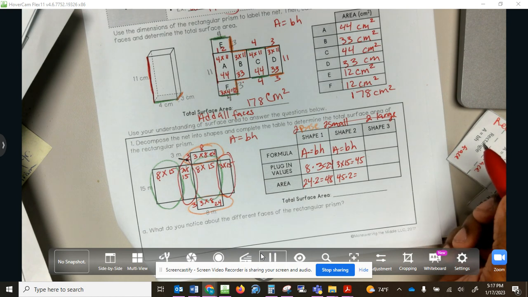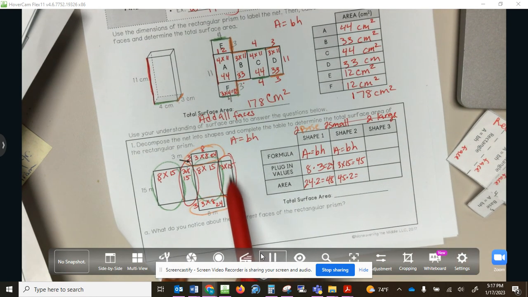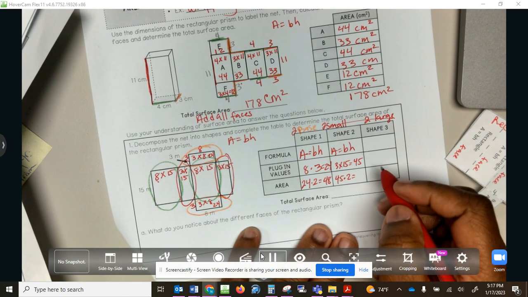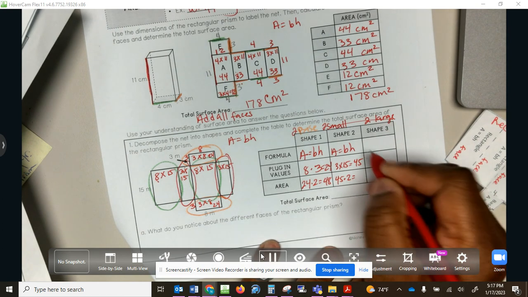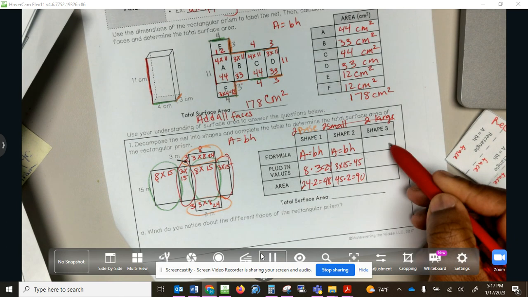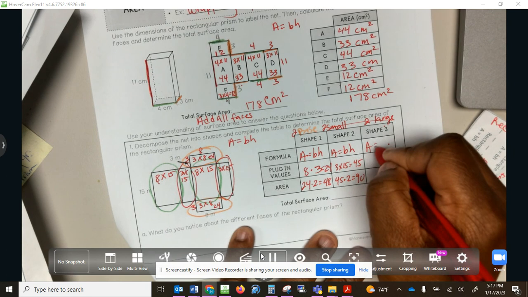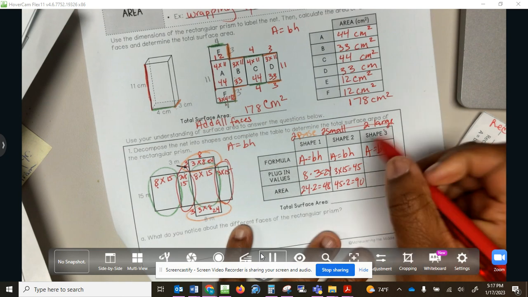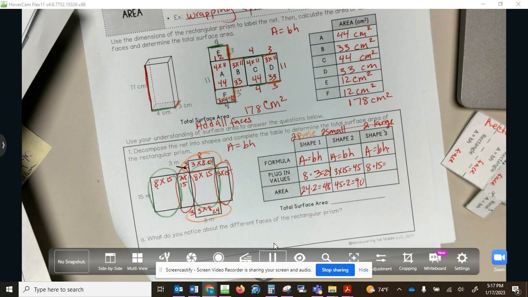Wait, did I do that correctly? Yeah, 3 times 15, yeah. So 45 times 2 is, what's that? 80, 90. And then for shape 3, the larger ones, it's still area equals base times height. And the larger ones is 8 times 15. 8 times 15 is, let me see here.